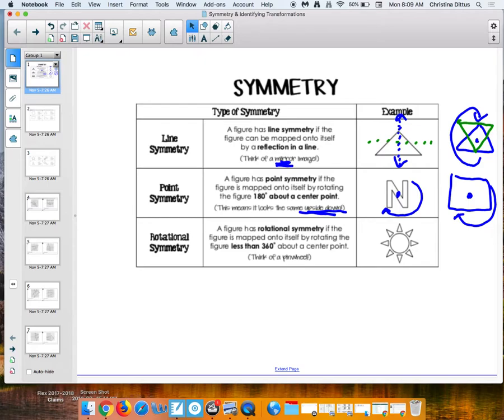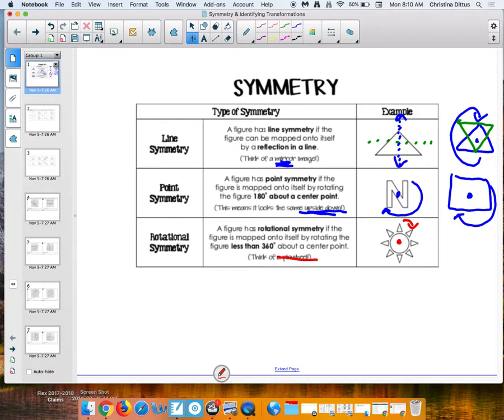And then lastly, we have our rotational symmetry. If it can be rotated onto itself less than 360 degrees, okay? So it kind of depends on the shape. Pinwheels, something that looks like a rotated copy of itself. In this instance, if I put a dot there, I can rotate it from each little triangle and it's going to look like itself.